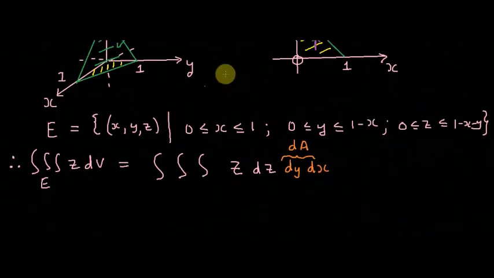Now we just write down the limits for the integral. dx, the outer one, will be from 0 to 1. Then dy is from 0 to 1 minus x. And z is from 0 to 1 minus x minus y.